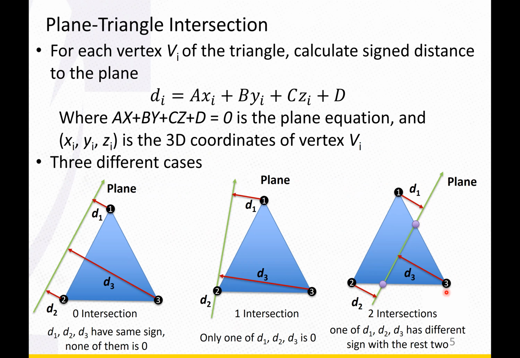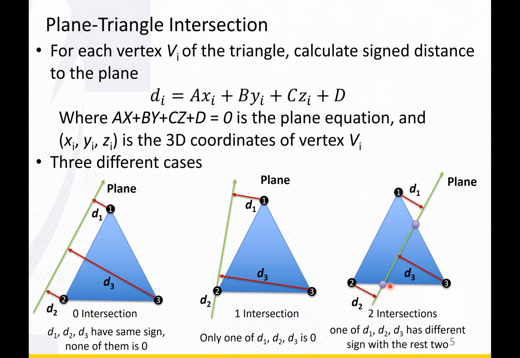But the distance from vertex 3 to this plane has a different sign from D1 and D2. That means you have two intersections on this edge and this edge. Then you will have a line segment between these two intersections, and that will be one element in the whole intersected contour for your slicing result.